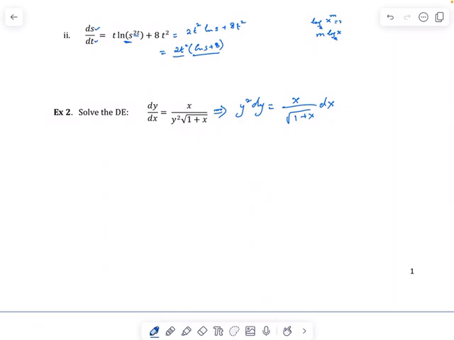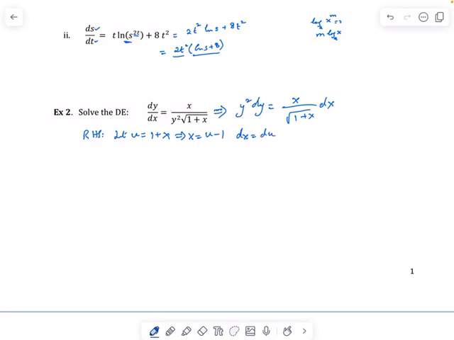So for the right hand side, let u equal 1 plus x, which implies x is equal to u minus 1, and dx is equal to du.